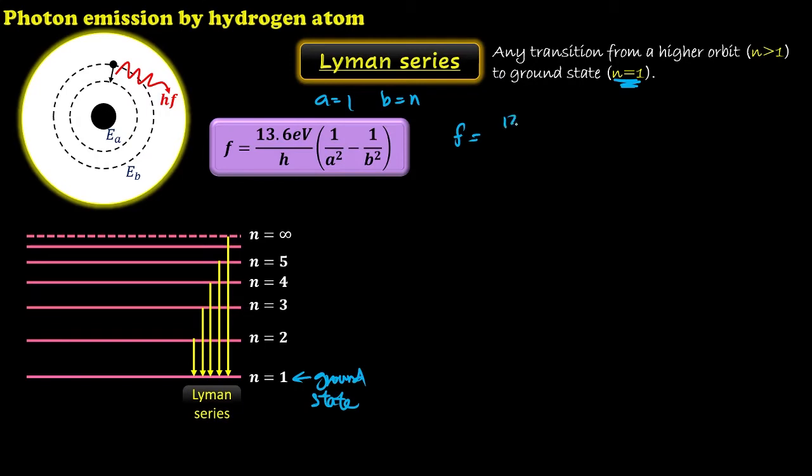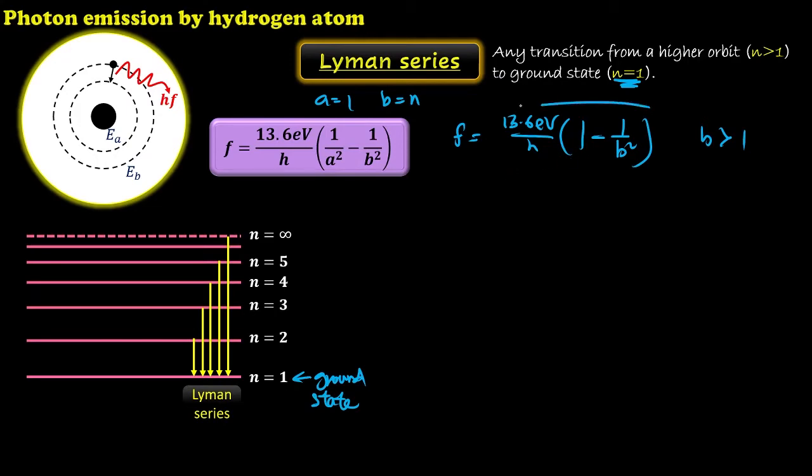So B squared, or you can put it as n squared, and B must now be greater than 1, because the final state of the transition must be the ground state.